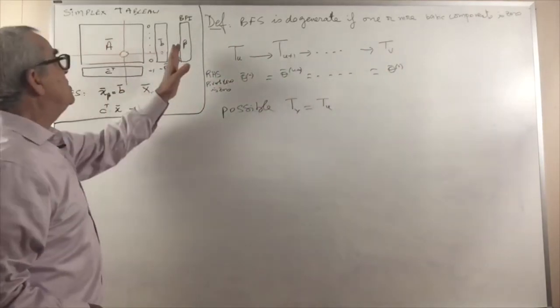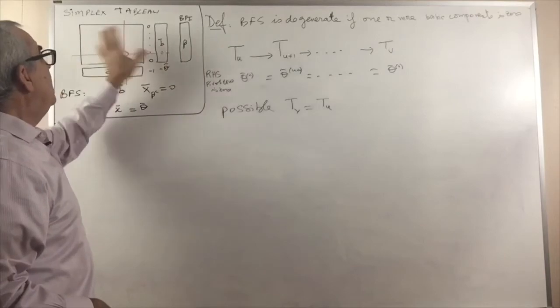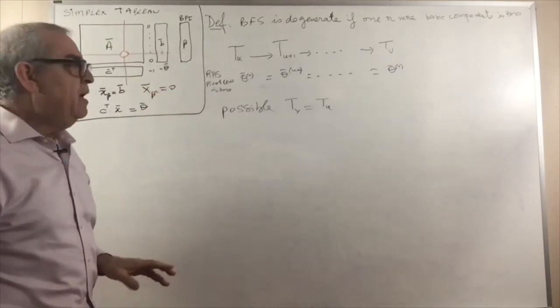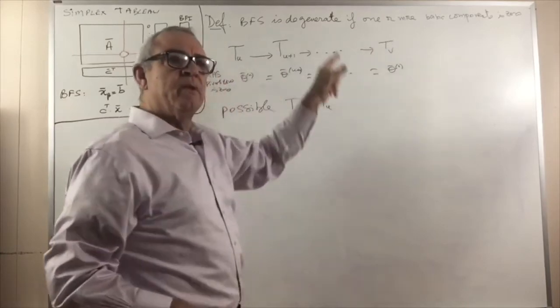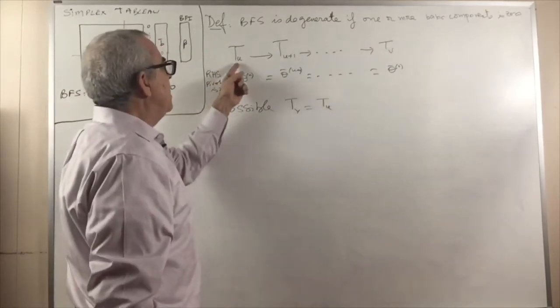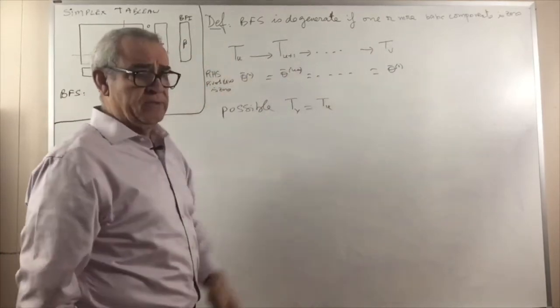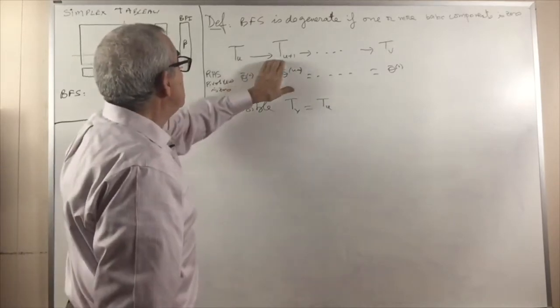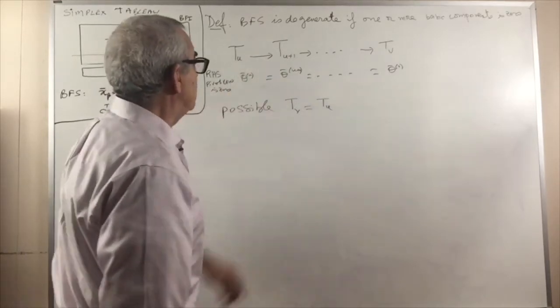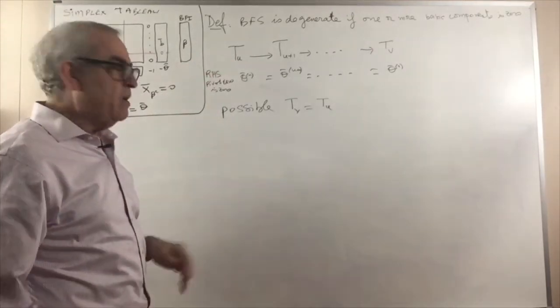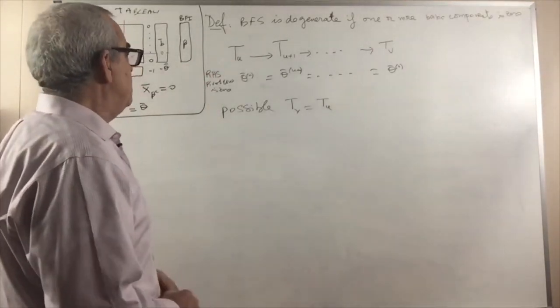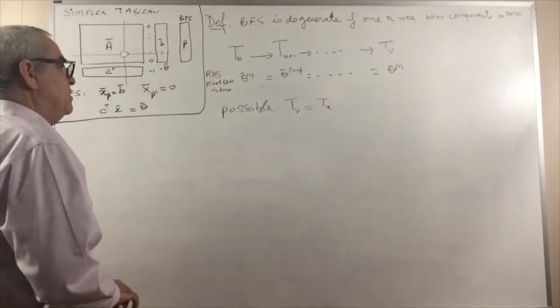In other words, they share the same BFI and everything else is the same. So this becomes like a cycle. And in this cycle, the simplex algorithm will not be able to get out because it's going to do the same operations from here to here and so forth. And in the literature, there is an example of this happening. So degeneracy is an issue, and we have to deal with it.